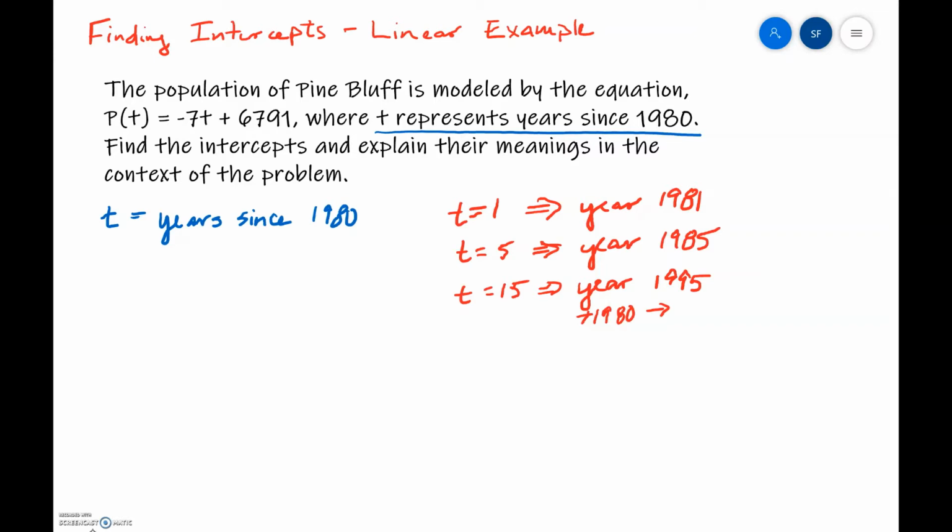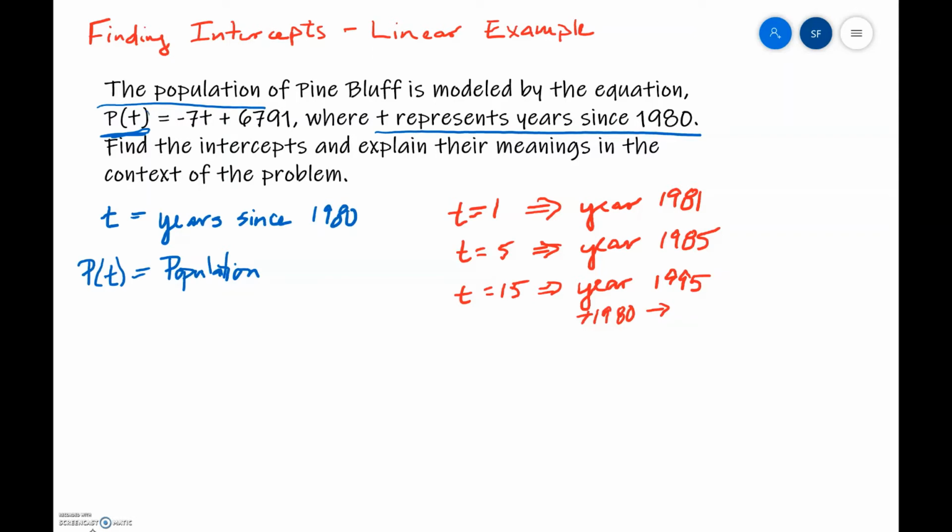The other thing in this equation is P of t. P of t is one big notation, and it represents the population of Pine Bluff at any given year. We tend to think of intercepts as x and y intercepts, but we don't have an x and y anymore. So which is our x value and which is our y value?